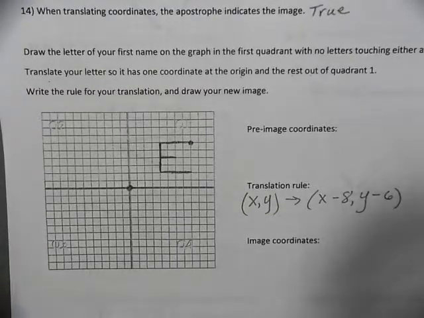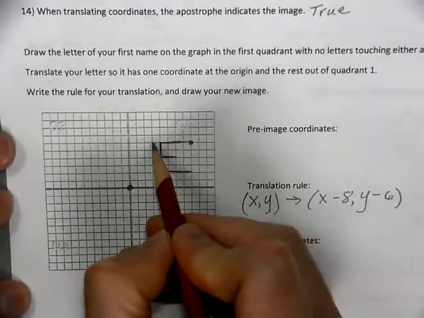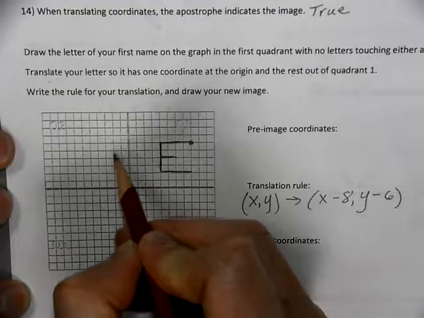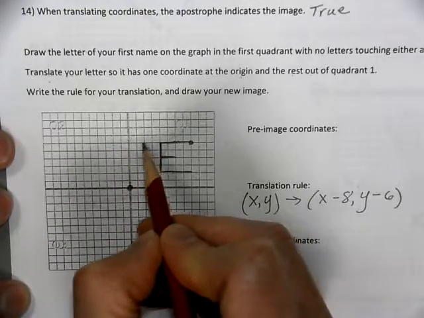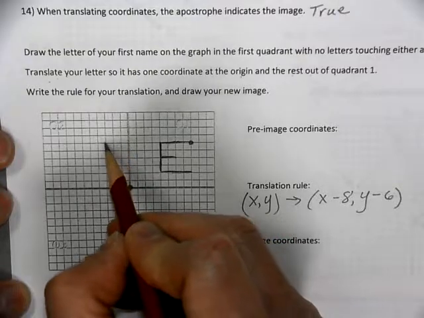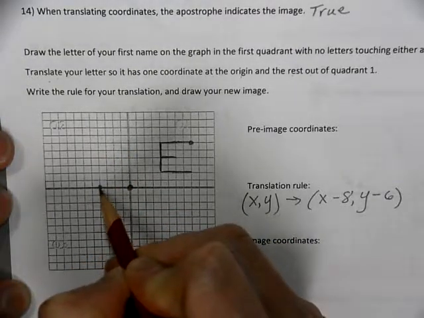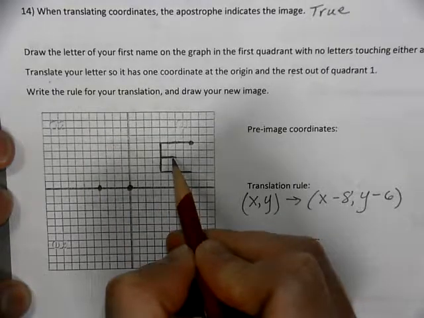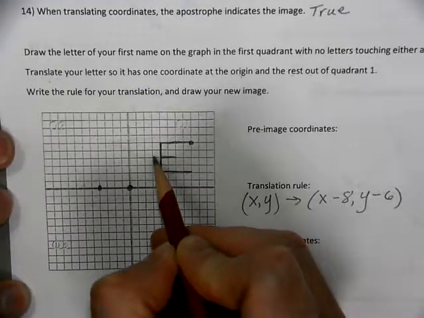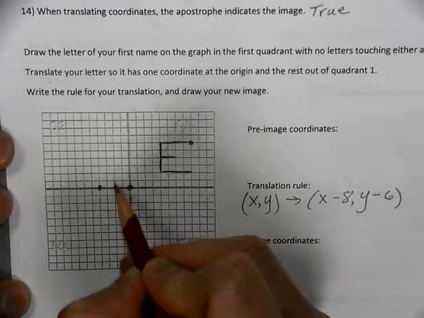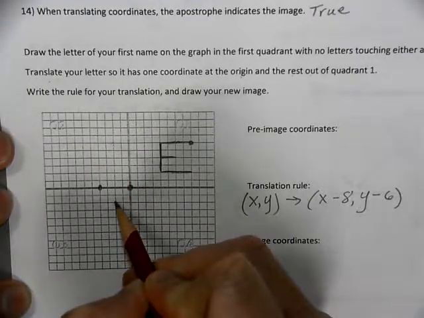So I'm going to move all of my corners there. 1, 2, 3, 4, 5, 6. 1, 2, 3, 4, 5, 6, 7, 8.